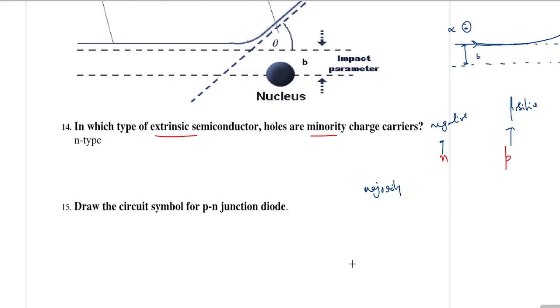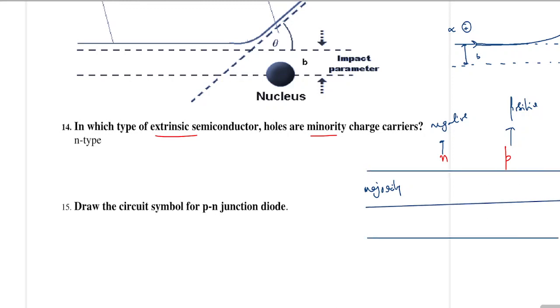So, using common sense, we can tell that N-type is negative. So here majority would be electrons. P-type means positive. It will be holes.